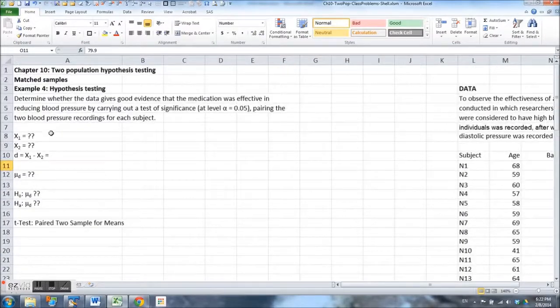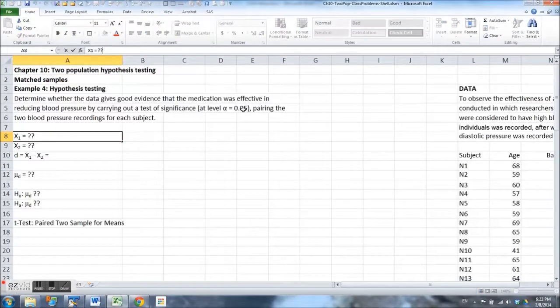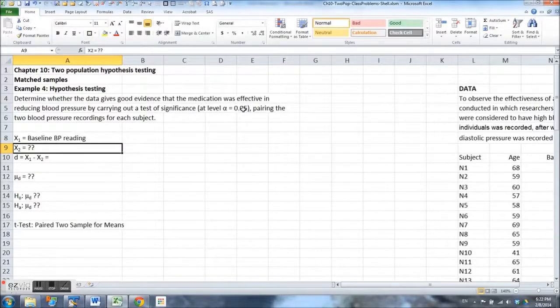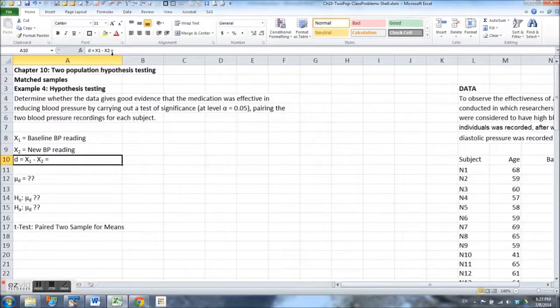So now we're going to define what x sub 1 and x sub 2 are. x sub 1 is the baseline blood pressure reading, and x sub 2 is the new blood pressure reading, and these are matched.